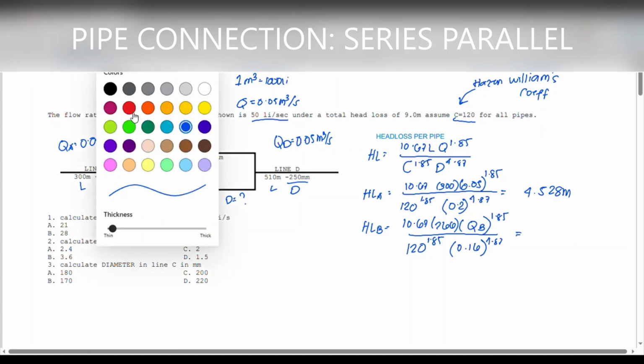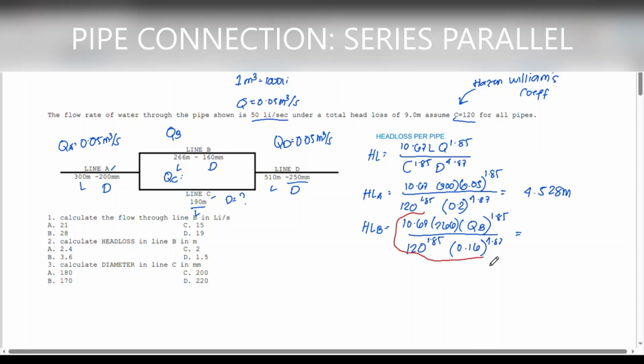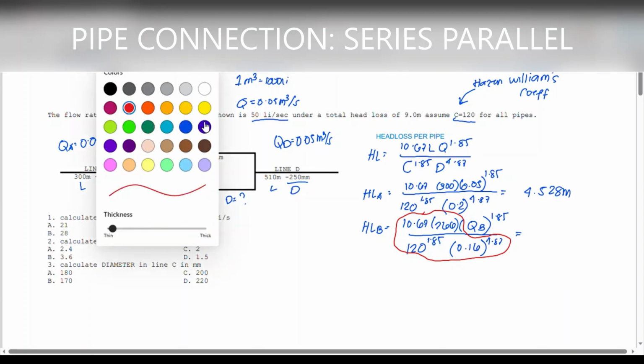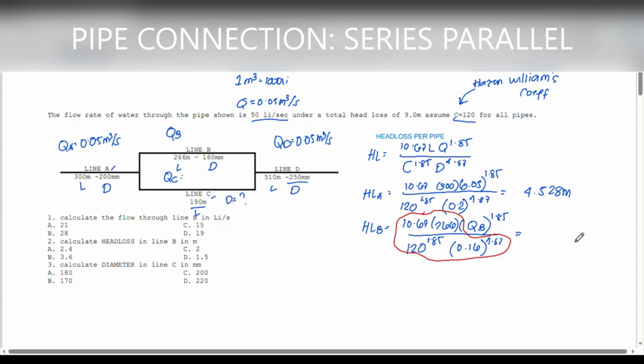For this head loss, we just have to identify the value of this constant, since we still do not know the value of our Q_B. The answer is 3037.361 Q_B raised to 1.85. For head loss at C, it is still unknown, so we'll find it out later.